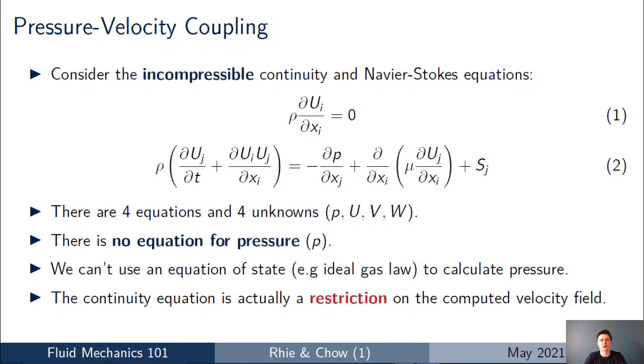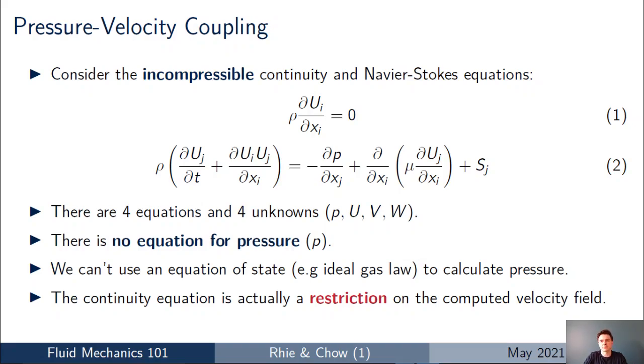So the continuity equation actually acts more as a restriction on the computed velocity field rather than an additional equation that we can solve. So if we were to solve the 3 momentum equations, we'd have a solution u, v and w in all the cells in our mesh, but for that solution to be valid, it would have to satisfy the continuity equation in each of those cells as well.